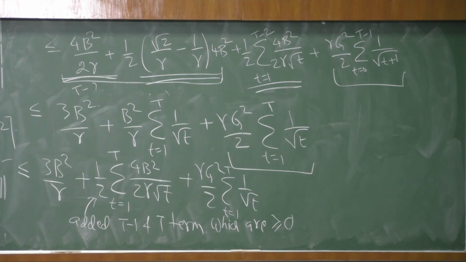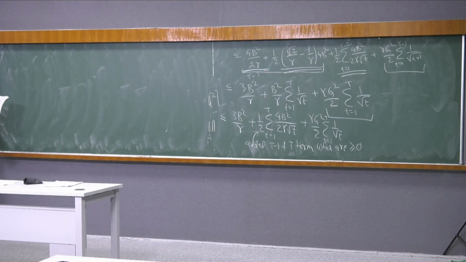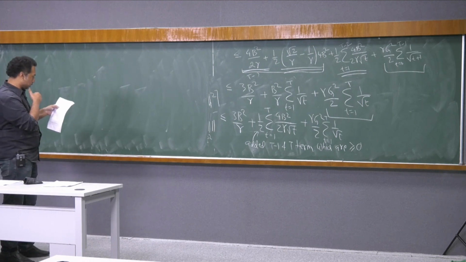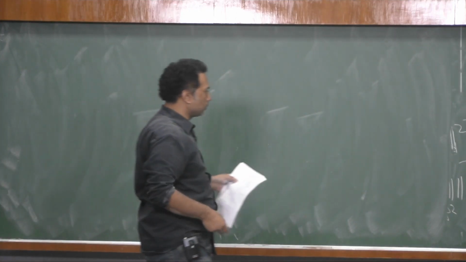So it seems like we have everything. We exactly got what we were trying to derive, right? So that's it. Okay, so let us continue. Now we see that these 2 sums in fact match. We will just do the sum of 1 by square root of t.